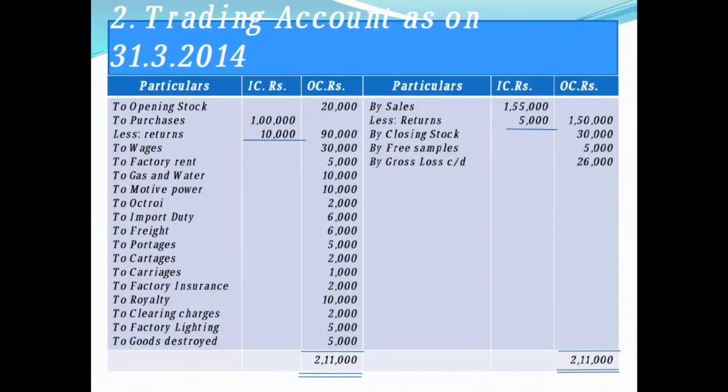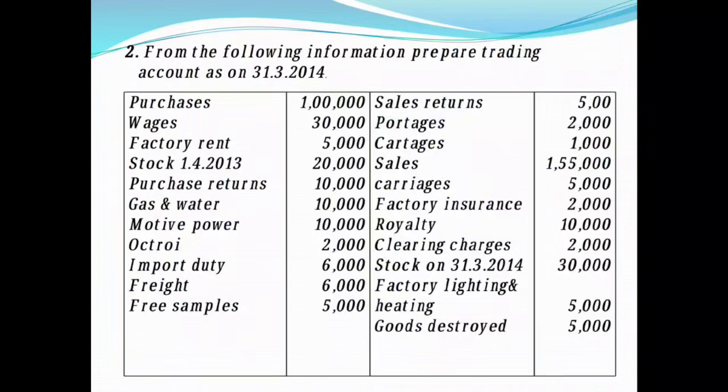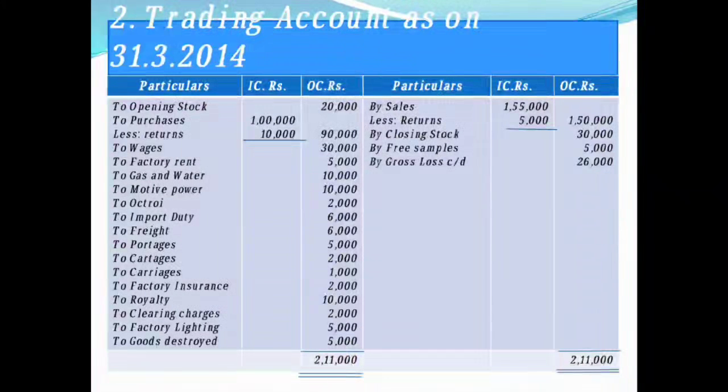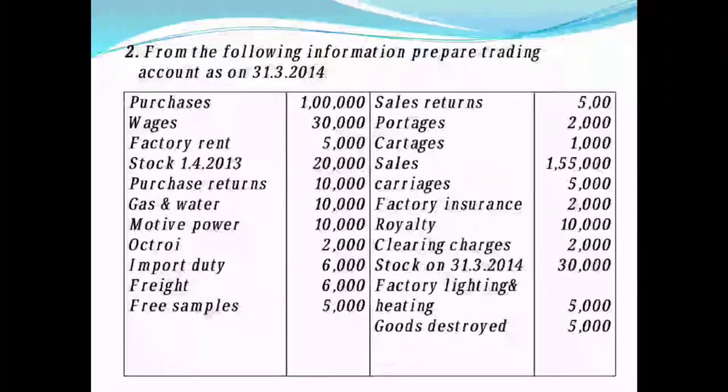The next you have sales returns rupees 500. Now total sales we have 1,55,000 on the credit side, less returns 5,000, so we get 1,50,000 sales for the current year.